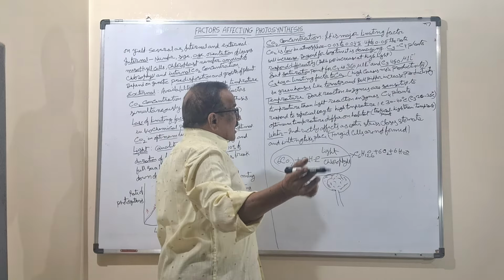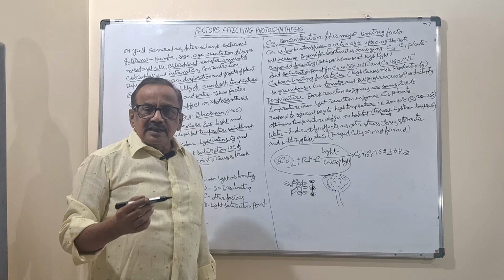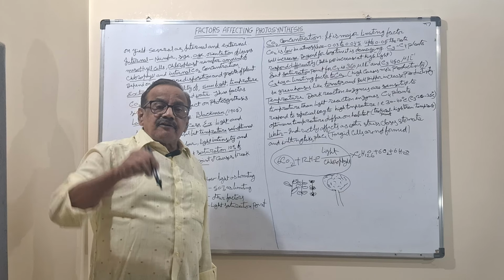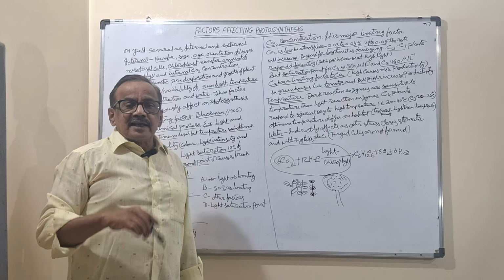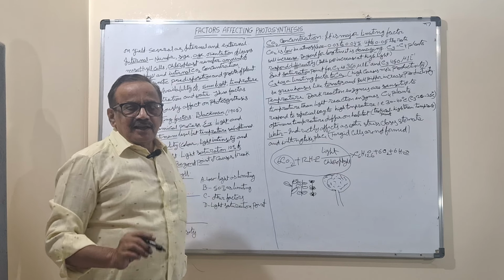As the saturation point for the C3 plants is 450, that is what I told, 0.045. But availability is 0.04 only, below that one. But when we increase it, naturally the productivity will be more, and the yield of the tomatoes or bell pepper will be increased because of the high saturation point which is present in the C3 plants.